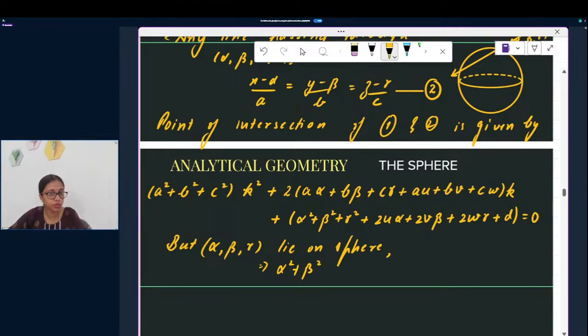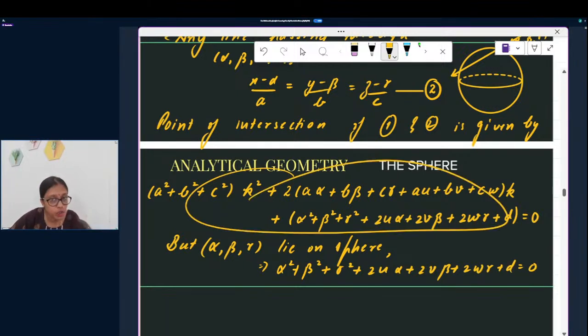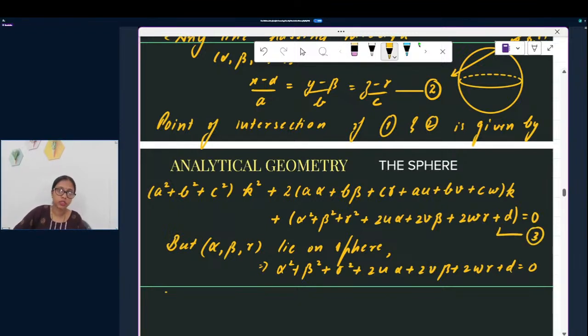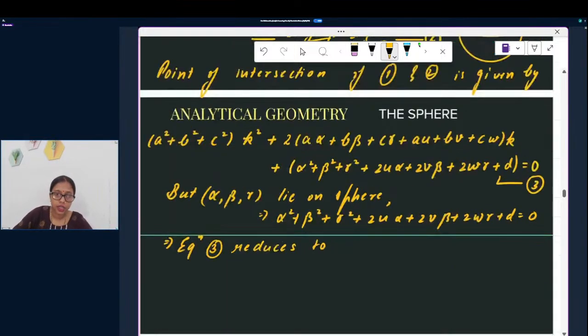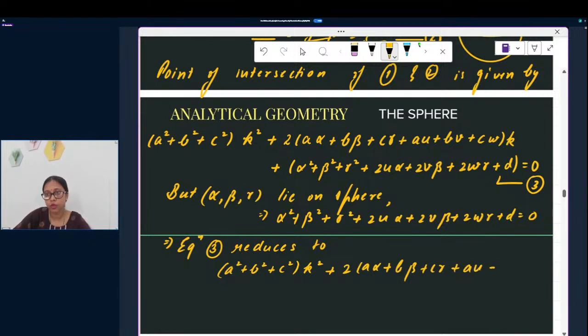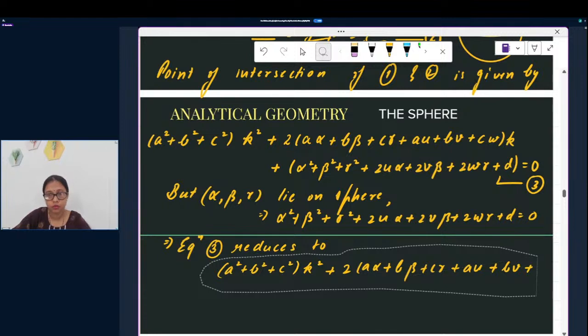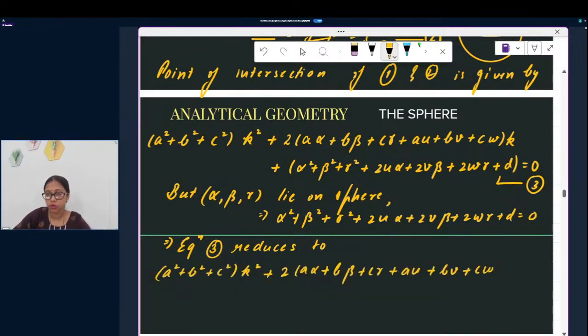Substituting alpha, beta, gamma: alpha square plus beta square plus gamma square plus 2u alpha plus 2v beta plus 2w gamma plus d is equal to 0, which means this equation is reduced to, therefore equation 3 reduces to a square plus b square plus c square times k square plus 2 times a alpha plus b beta plus c gamma plus au plus bv plus cw, k is equal to 0.